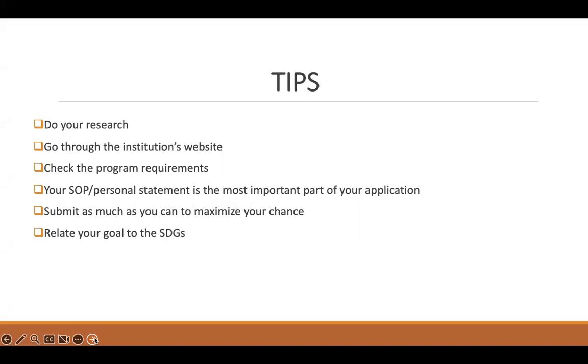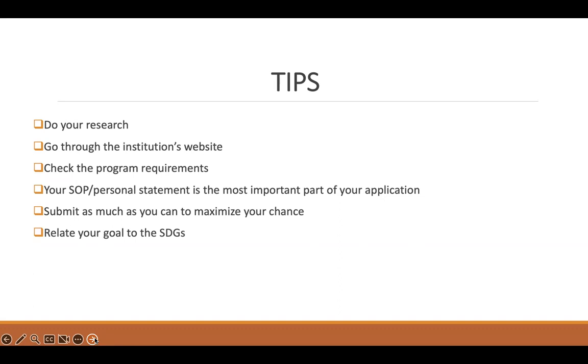So the last part is you notice the objective of the CSC is like trying to aid the SDGs. So it is actually advisable, if you are trying to relate your SOP, like the goals you'll be talking about in your SOP, try to relate it to a particular SDG goal.